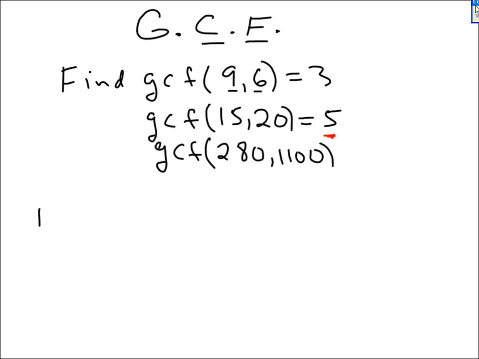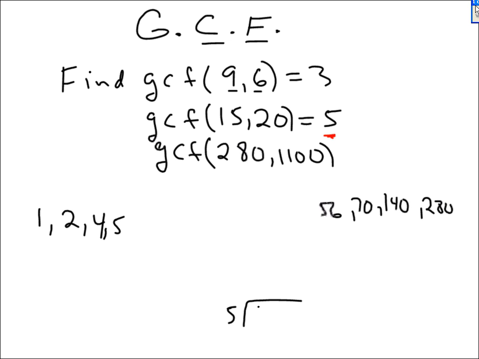Well, 1 times 280 is 280. And 2 goes into 280 140 times. 3 does not, but 4 does. 4 goes into 280 70 times. 5 goes in there 56 times. You're going to have to know your multiplication, or do long division. How many times does 5 go into 280? I just hate this problem.